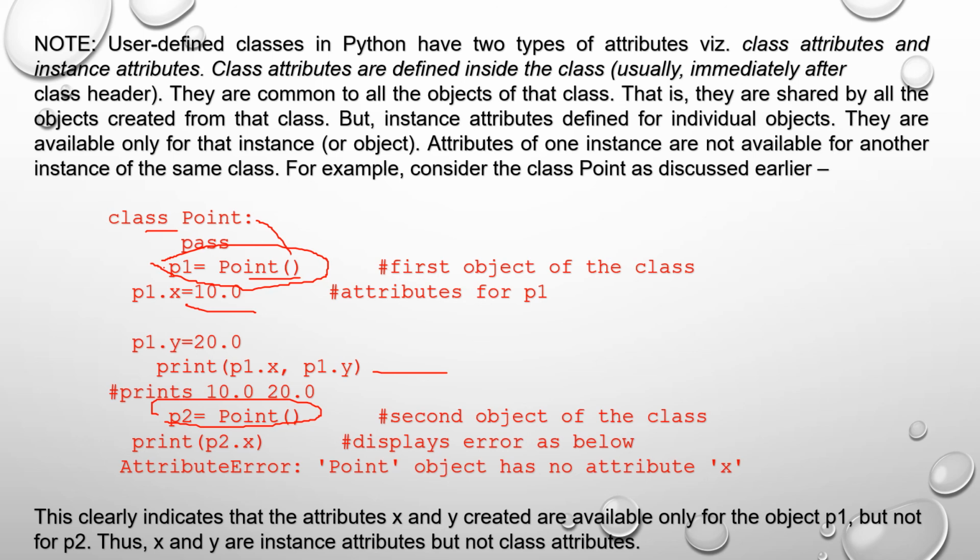It displays the attribute error: the Point object has no attribute x. So this clearly indicates that the attributes x and y are created or available only for the object p1 but not for p2. Thus x and y are instance attributes but not class attributes.